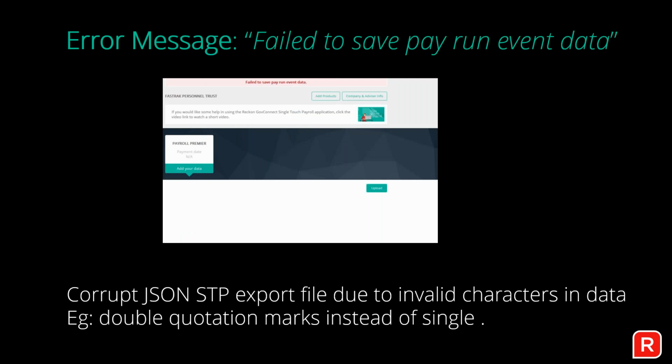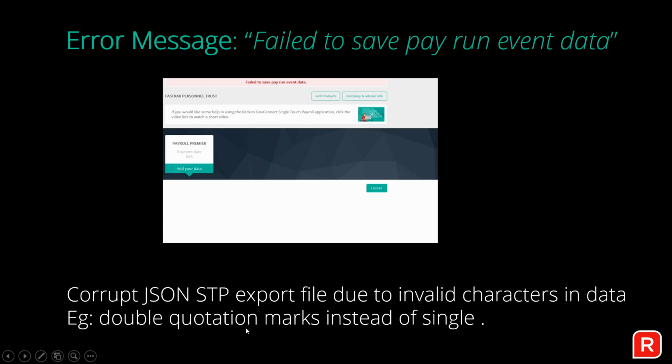Now, a couple of the errors you might get: you go to import your first file, and you get the message, fail to save pay run event data. What does that mean? It probably relates to some invalid characters inside your export file. The JSON is the extension for that export file.